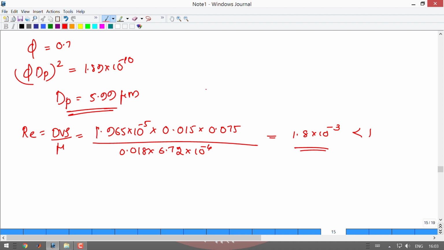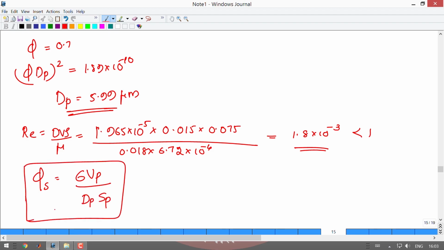The next thing is we have to calculate the surface area of the particle. For that we have the relation sphericity equal to 6 Vp divided by Sp dP, from which we have to calculate the surface area of the particle.